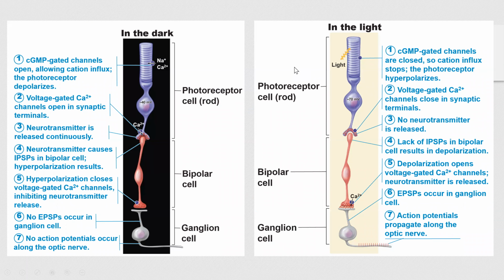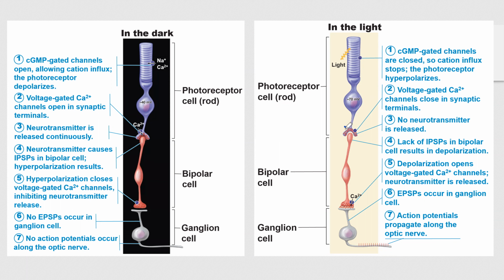So it's shown over here. In the dark, when light strikes, so here light strikes, now cGMP gated channels are closed. So now your receptor cells are pretty much resting. They stop releasing neurotransmitters, because if sodium cannot go in, then the calcium will not go in, and we cannot release neurotransmitter.